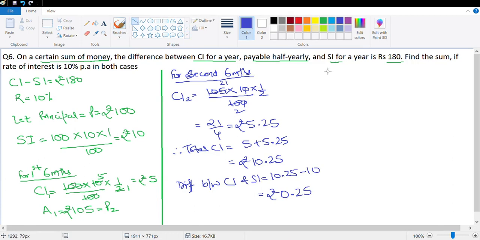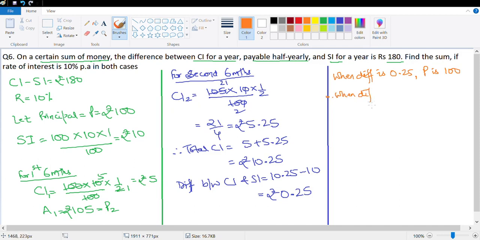Now let's use the unitary method and calculate the value of P. When the difference is 0.25, principal is 100. Therefore, when the difference is, as per the question, 180, P is equal to 180 into 100 upon 0.25.